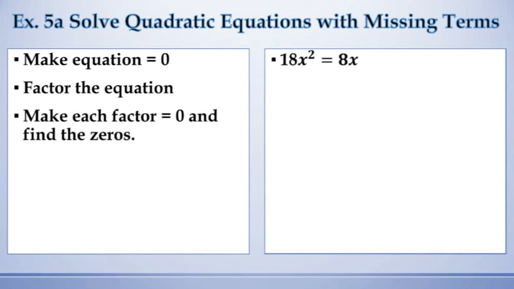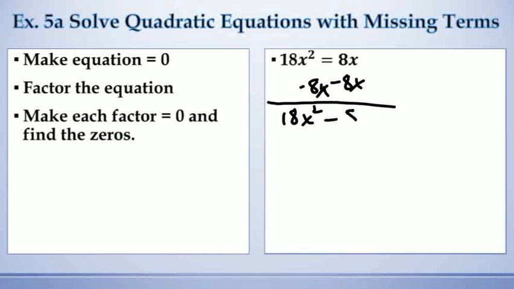So the first one over here, 18x squared equals 8x. I need to get everything to one side. So I'm going to subtract 8x on both sides. So now I have 18x squared minus 8x equals 0. I can factor that equation.